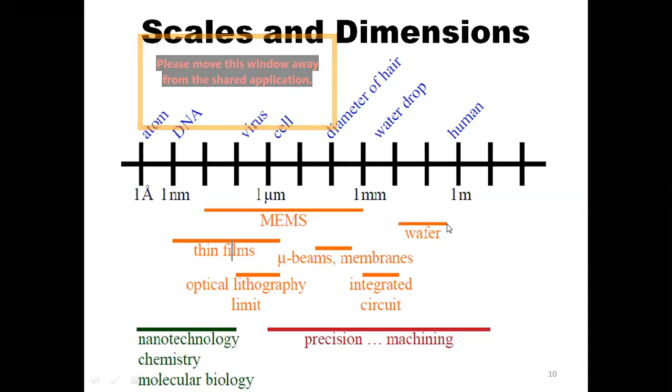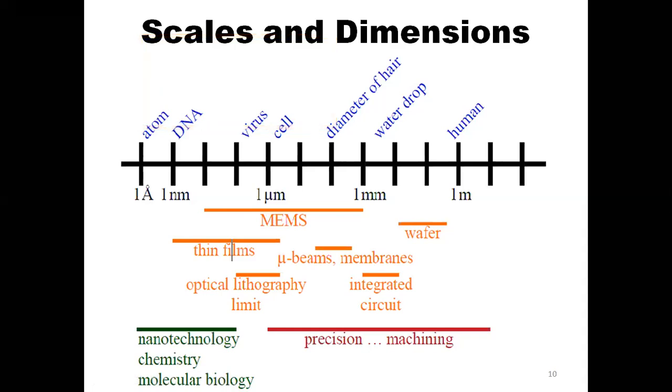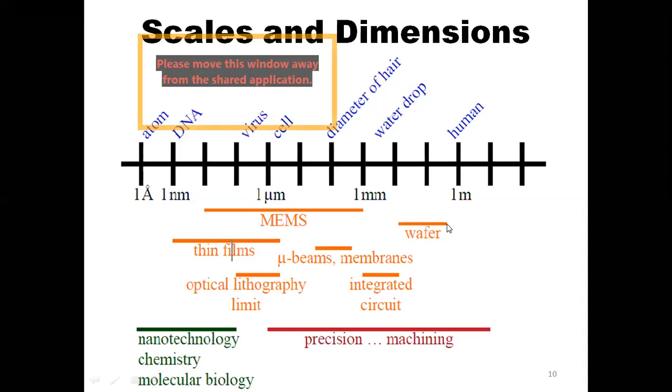The wafer size, silicon wafer, on which we are producing the MEMS devices, ranges from 3-inch wafer to 1 foot wafer. Thin film technology, we would be discussing this in the course. Thin film thickness ranges from 1 nanometer to 10 micrometer.